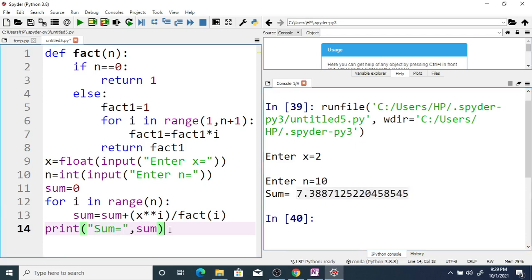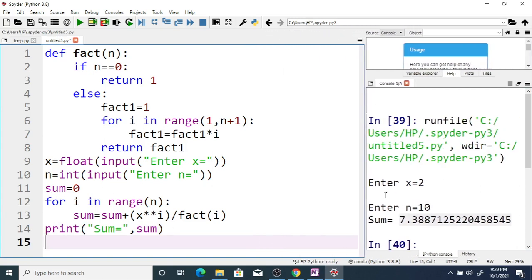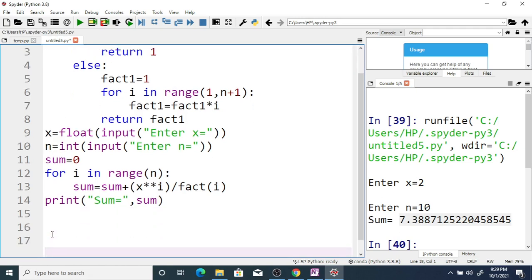You can also obtain the value of e raised to x by using a standard function. For that we want to import the mathematics library, so import math.